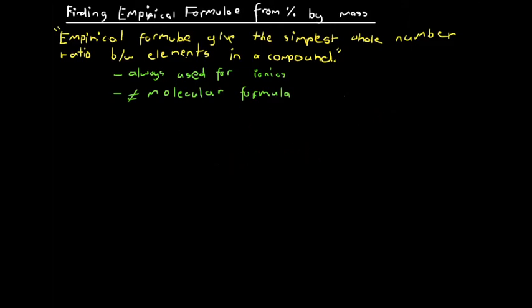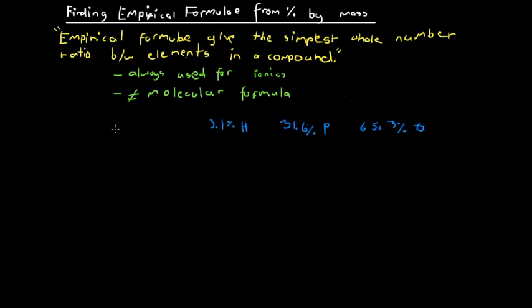Let's say, for example, that we get a compound, and the compound has been analyzed and found to contain 3.1% hydrogen, 31.6% phosphorus, and 65.3% oxygen.